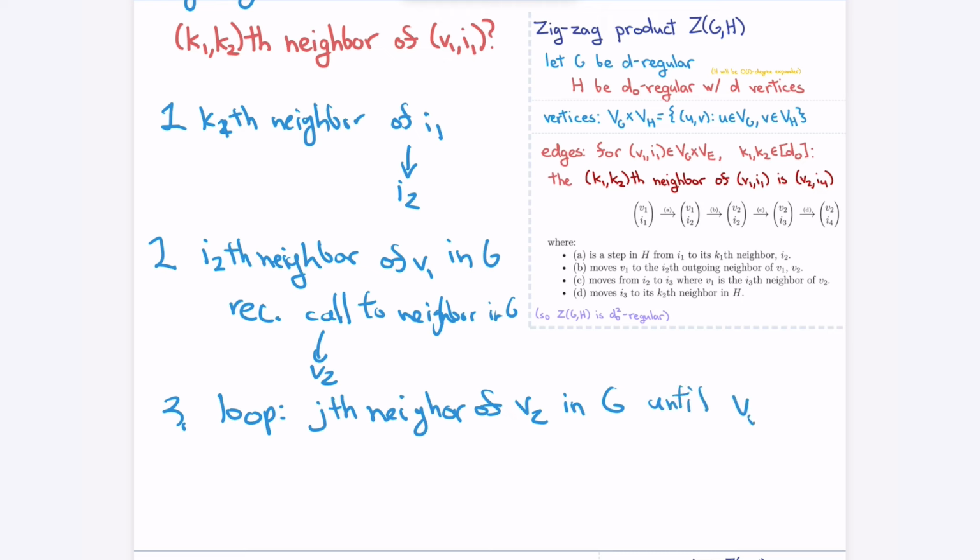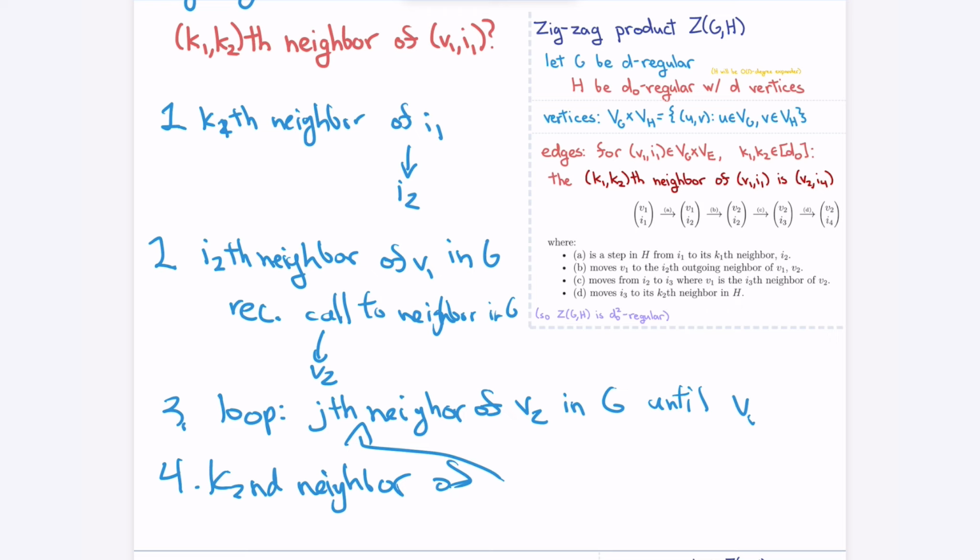That's okay, that's a loop. Then the k2th neighbor of this thing J would just take constant space. The nice thing about space, which is counterintuitive because that's not how running times work, is that you only have to worry about the max. If you have two different recursive calls, you're just worried about one at a time. They don't add up.